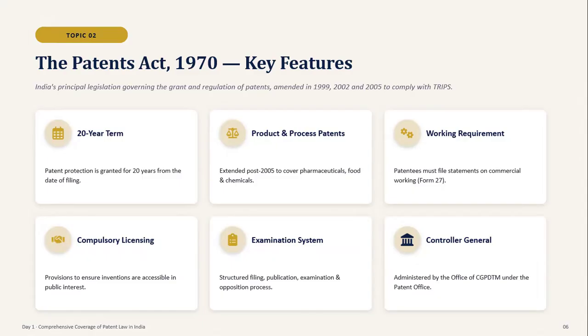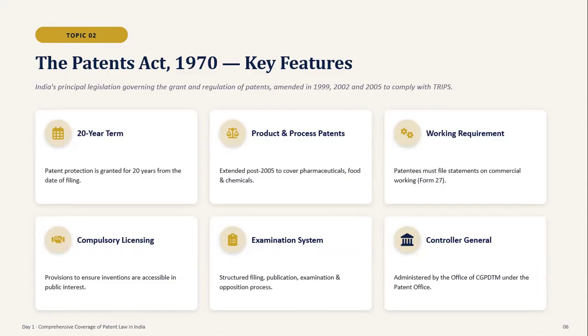Another important aspect is the working requirement, under which patentees are required to provide statements concerning the commercial working of their patents through a prescribed mechanism. The Act also contains provisions relating to compulsory licensing, particularly to ensure that patented inventions can be made accessible where public interest considerations arise.